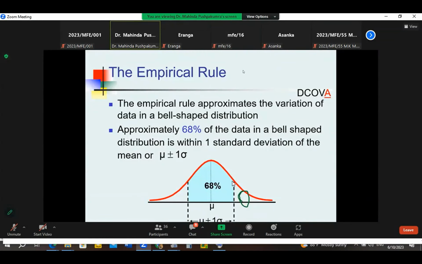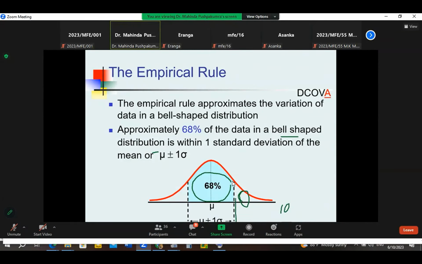Okay, then we will move to another concept, which we call the empirical rule. If the distribution is normally distributed or bell-shaped, there are 68% of observations within 1 standard deviation from the mean. Let's say the mean is 50 and the standard deviation is 10.